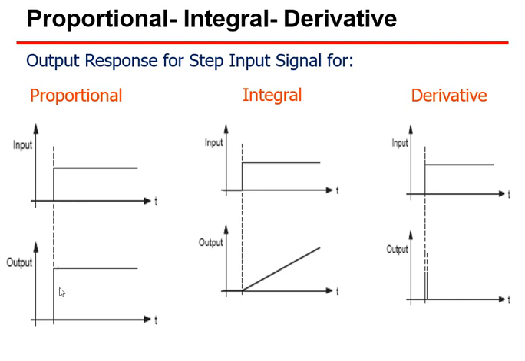When we apply the step input to the proportional system, you will get some level of amplification. The same signal will be there, but in an amplified version. Note that this is the output with respect to time, and this is the input, which is also with respect to time.